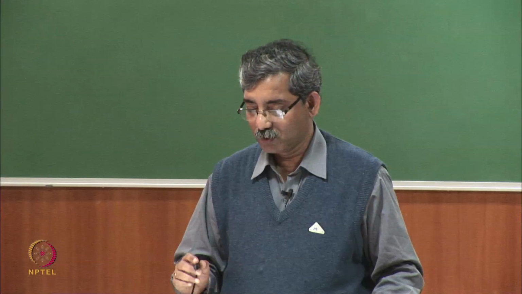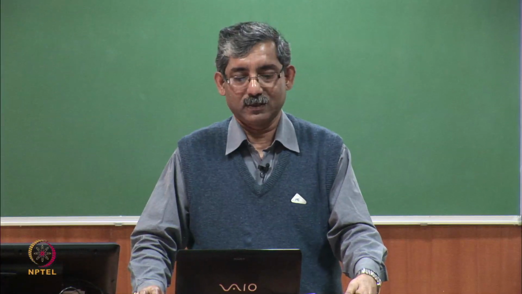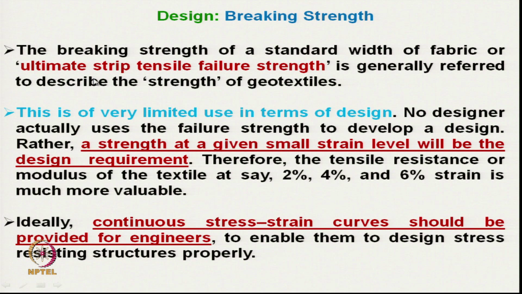Therefore, we must know the elongation at lower load or at lower elongation, at different elongation, what is the stress condition. So, ultimate breaking strength is not important. This ultimate failure strength is of very limited use in terms of design. No designer actually uses the failure strength to develop a design.